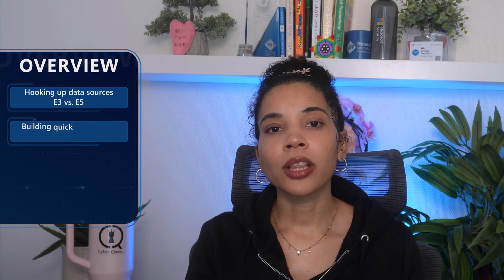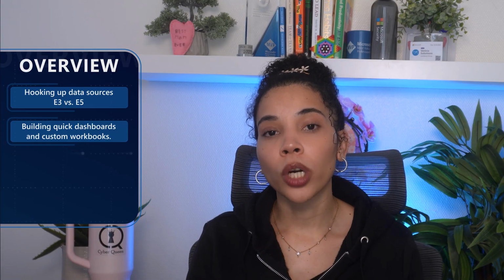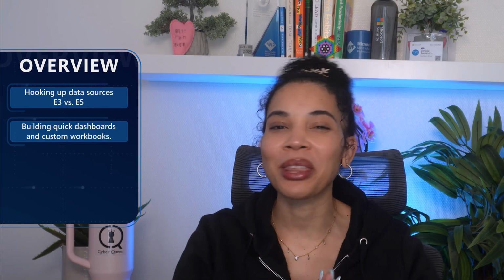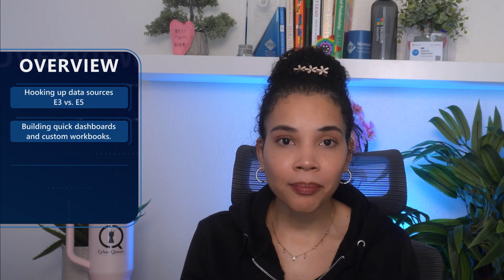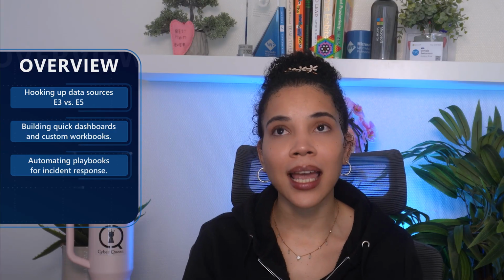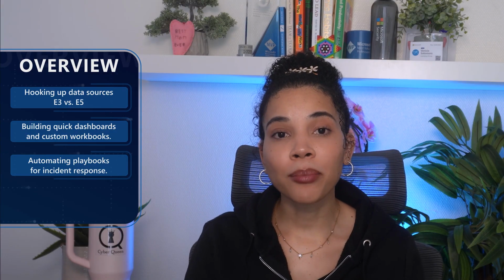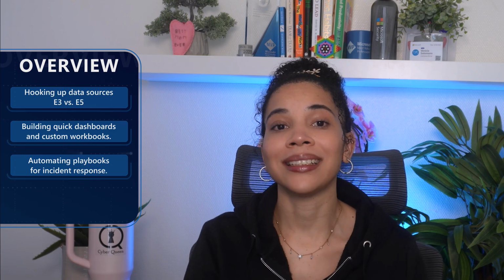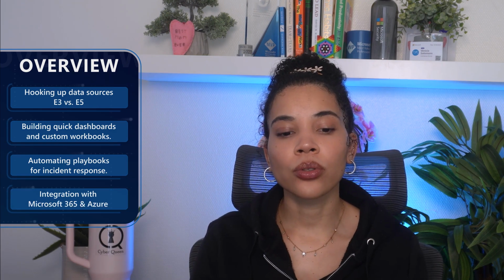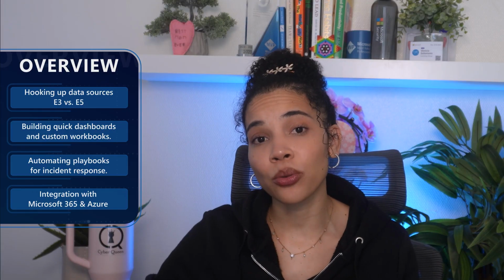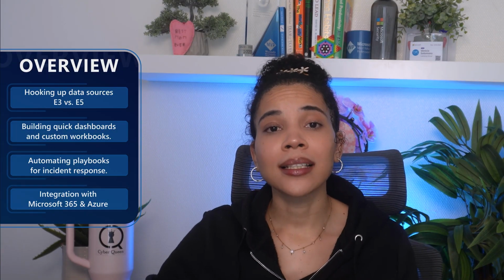We're also going to talk about the dashboarding and the custom workbooks and what is available for you to use within a few hours or a few days once you've started your Sentinel setup. Automations are key when it comes to security these days, and of course automations and playbooks go hand in hand together to help with organizational incident response. And then there's also the integration with Microsoft 365 together with Azure to get the data into one single place.